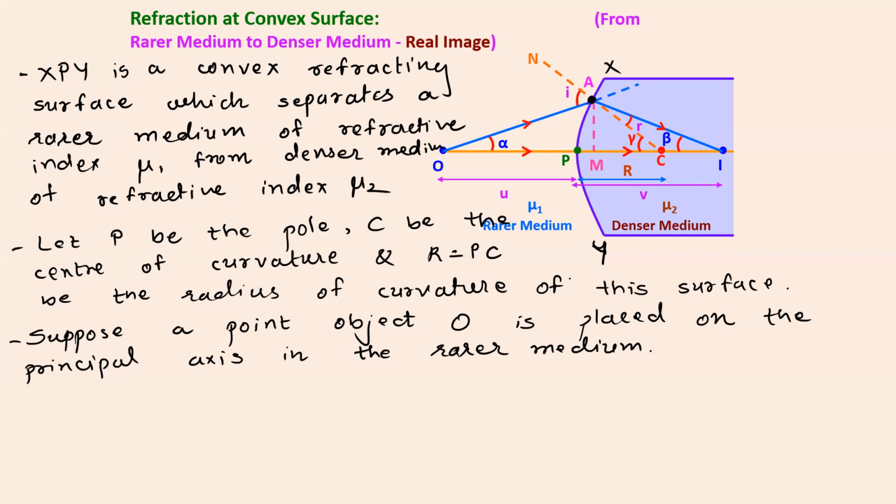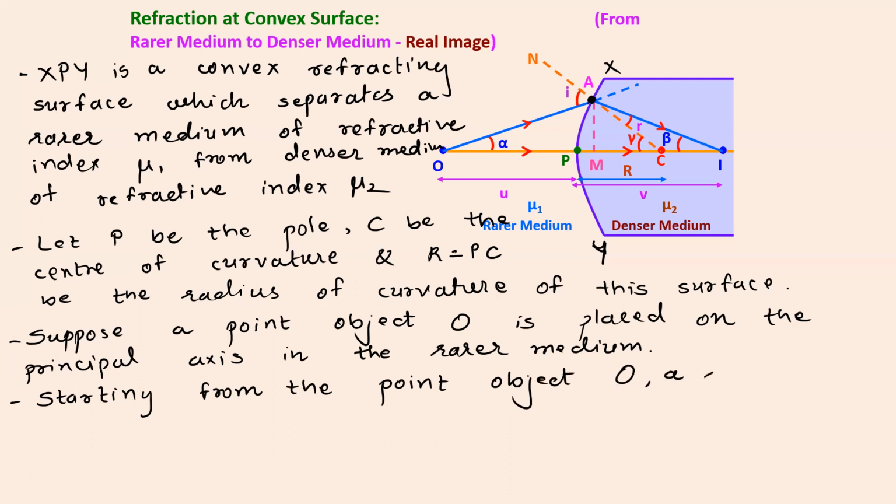Then what happened? One ray should be taken so that we get the image. Starting from the point object O, a ray OA.